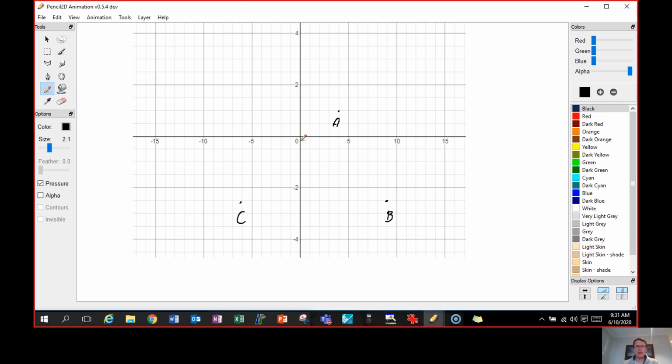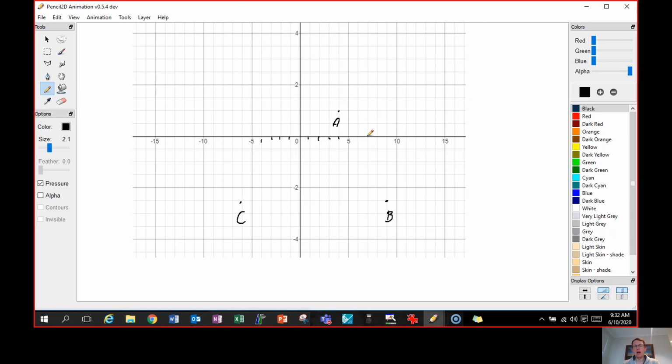Hopefully you had a go at these ones, and the one trick you need to look at is the scale. Let me break this down. Is this a 1 or a half? Well, this will be 1, 2, 3, 4, 5. That's good, so this scale should be the same: negative 1, 2, 3, 4, 5. Excellent. Now, the x scale can be different to your y scale, but each needs to be consistent. Notice how I counted in 1s.